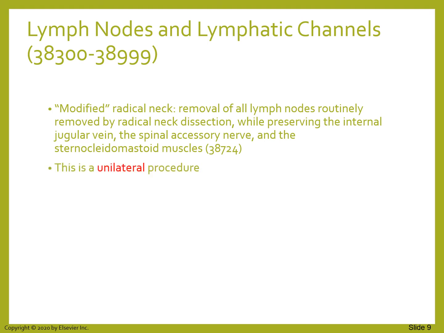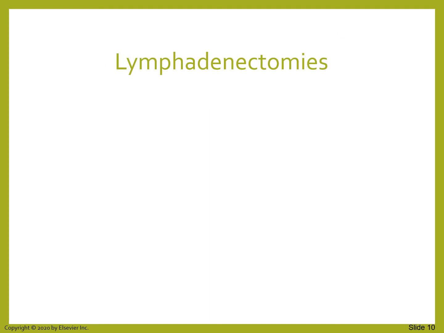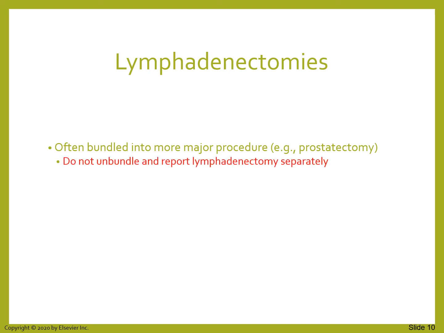And again, this is a unilateral procedure. So if it's done on both sides, you would want to use a 50 modifier. Lymphadenectomies, again, are often bundled as part of a more major procedure like a prostatectomy. Do not unbundle and report a lymphadenectomy separately if it is done as part of the prostatectomy.